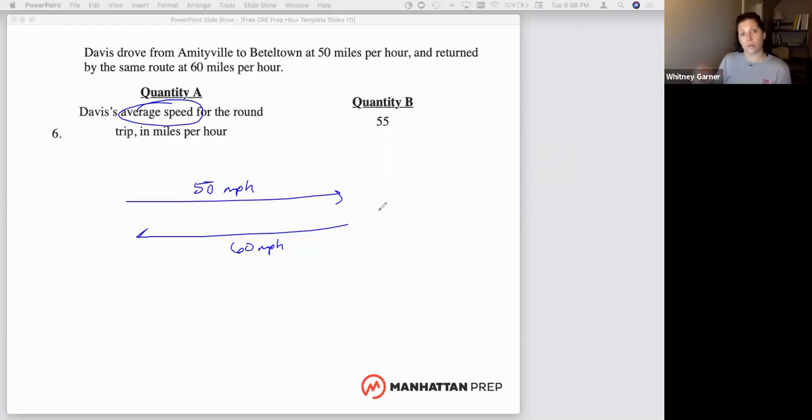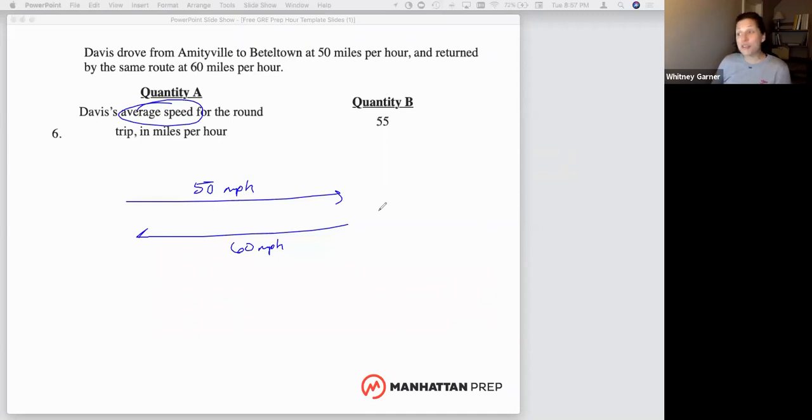Which direction does Davis spend more time? In which direction does Davis spend more time? To work or back? Where does he spend more time?